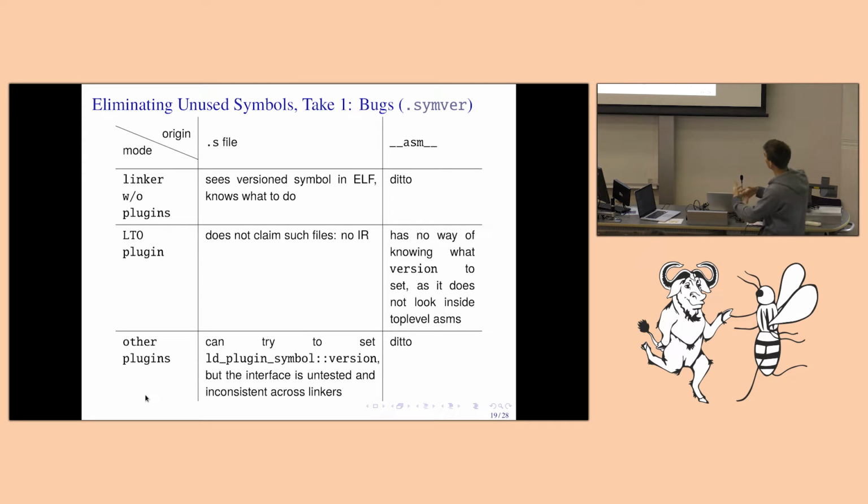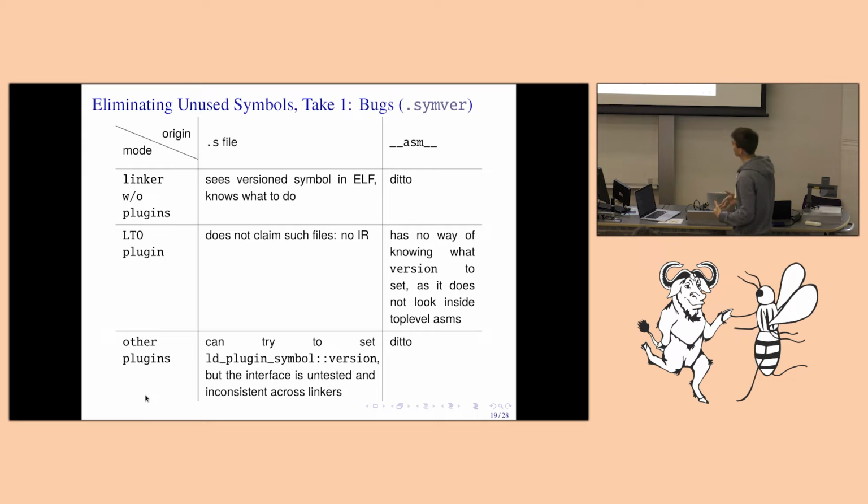However, let's see where this symbol version information can come from. It comes from two sources, basically. First, it can come from a version script, and in this case, the linker knows what to do. It has always known. The other case is assembly files and the .symver directive.